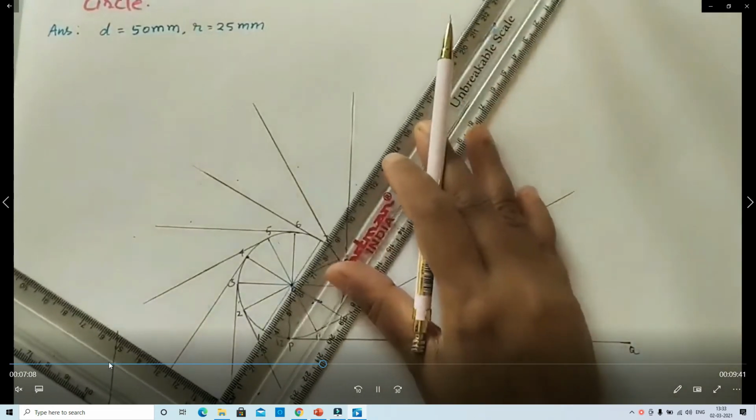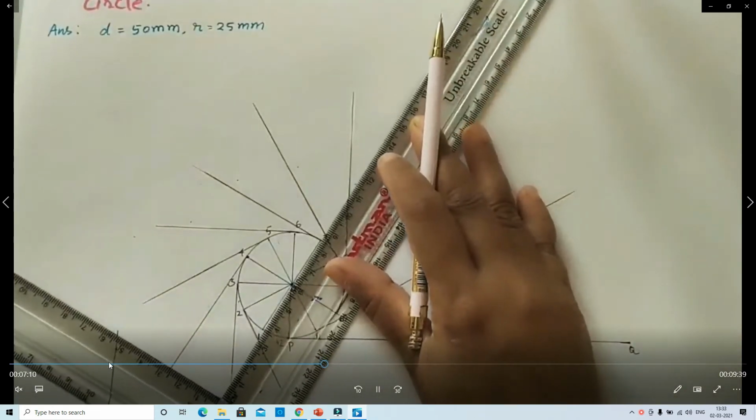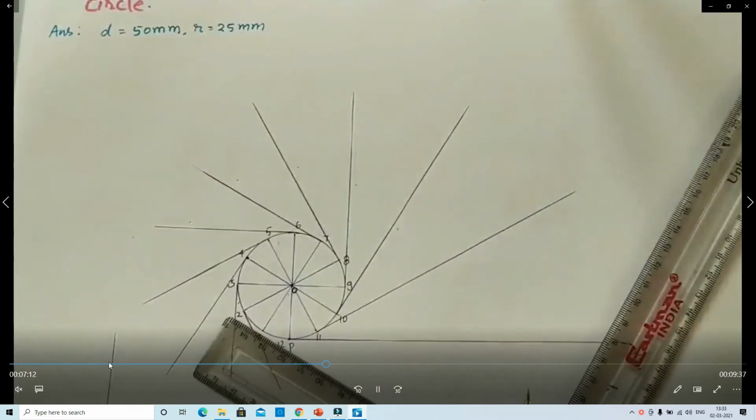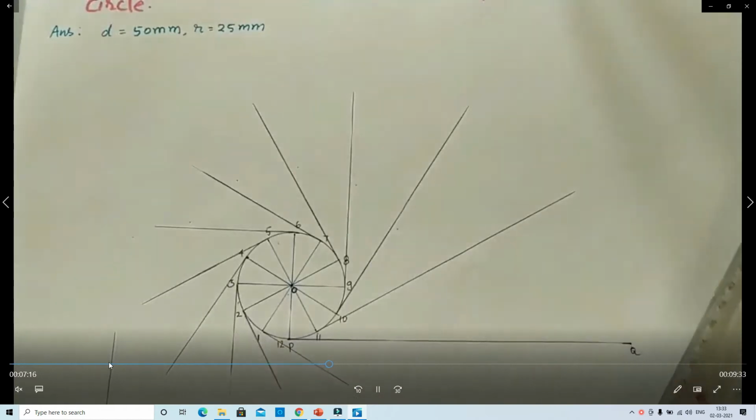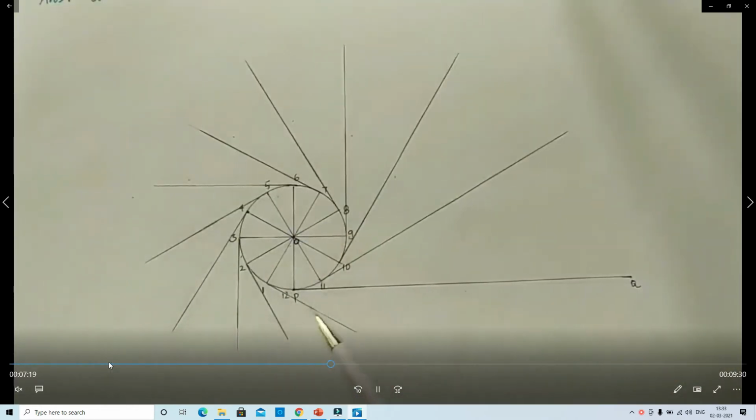Now the last one, point 1. So now we complete the 12 points to draw the tangents.